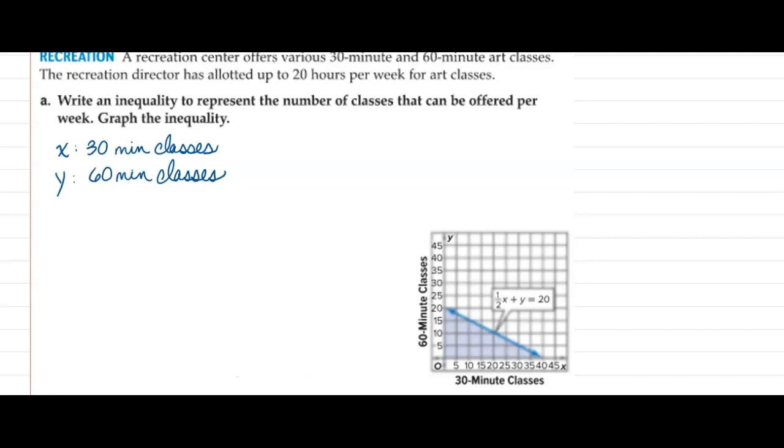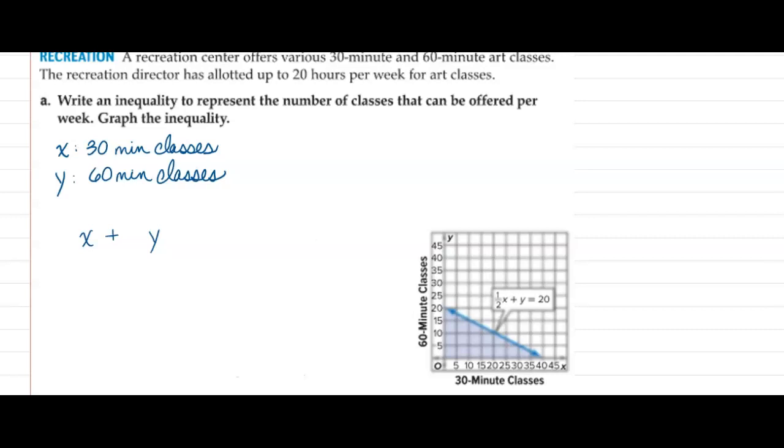Well, we take the number of 30-minute classes and the number of 60-minute classes, but we want how much time, not the number of them. If they said we can offer only 50 classes a week, we could put less than 50. But that's not what it says. It says hours.